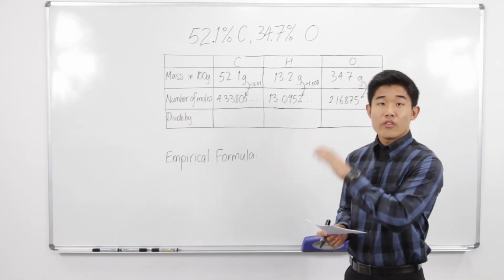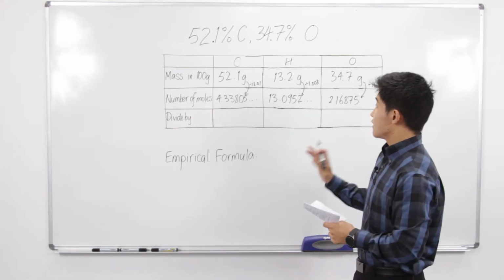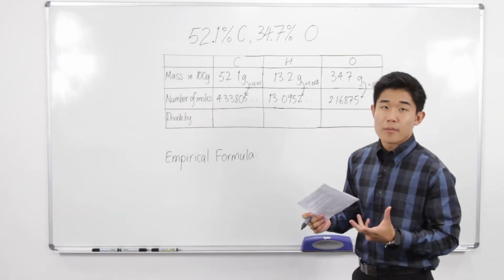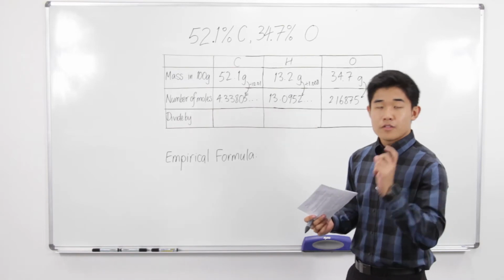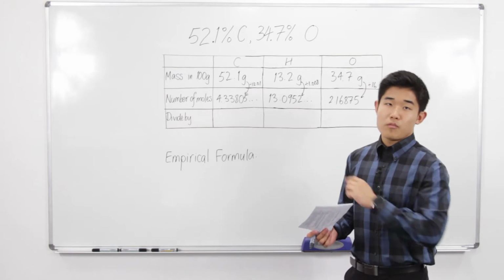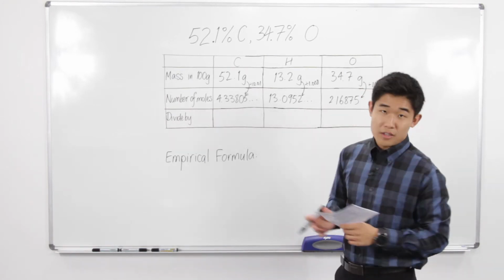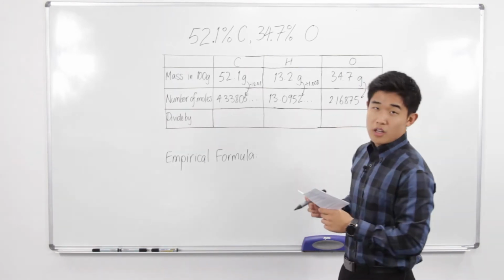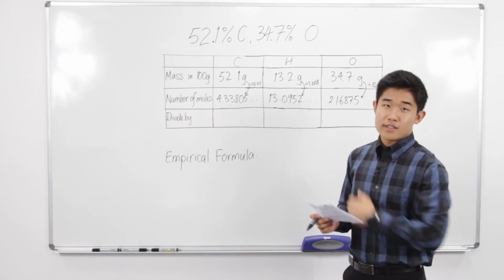Now at this stage, we've got the number of moles of each constituent element in 100 grams of this organic compound. To find the simplest ratio in moles, we have to divide by the smallest number of moles of any element. In this case, it's for oxygen, and the number is 2.16875.